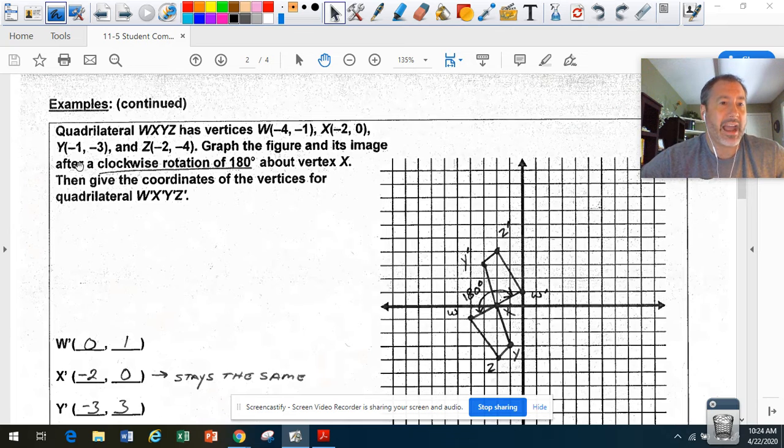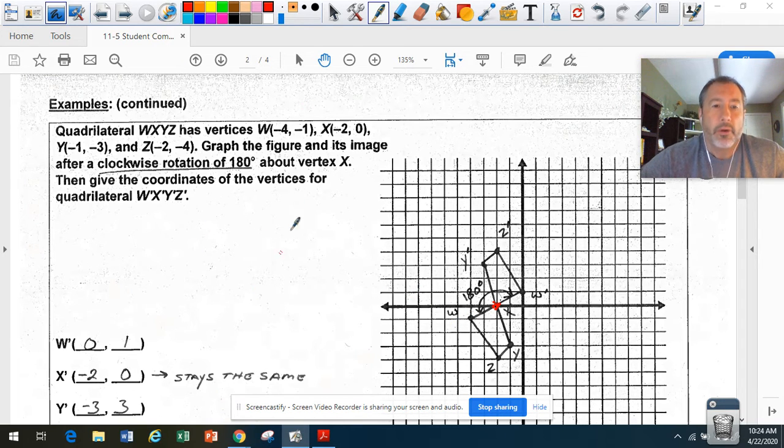Now, the image after a clockwise rotation of 180 degrees about vertex X. So no matter what, everything is going around vertex X. Vertex X is right here. We're going around that piece. That's our center of rotation.